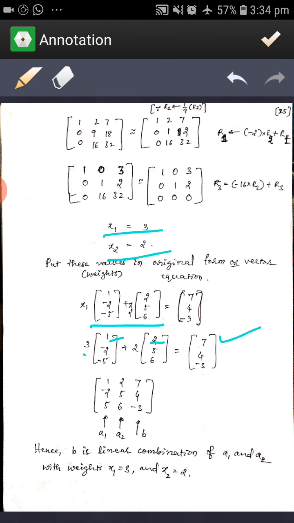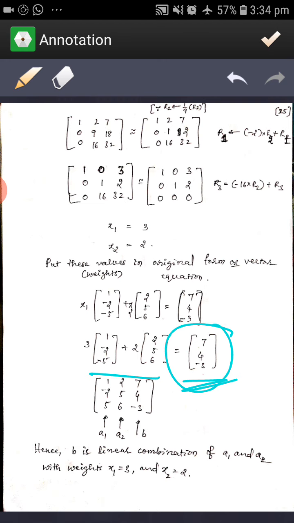Then 3 into minus 2 is minus 6, plus 10, so this is plus 4. Then 3 into minus 5 is minus 15, plus 12, since 2 into 6 is 12, so that is minus 3. So after performing this addition, it is giving 7, 4, 3.